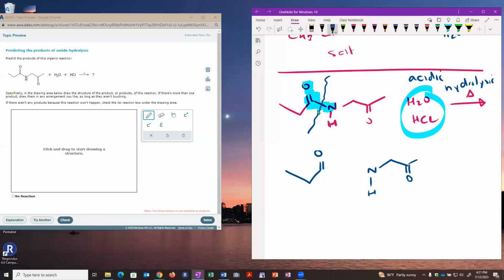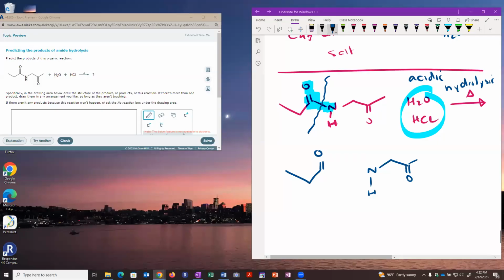So they are the two fragments that I end up with. Now, what we need to do is to figure out, well, under acidic hydrolysis, what products do we actually get? So under acidic conditions for hydrolysis, what we end up with is we get back the original carboxylic acid.